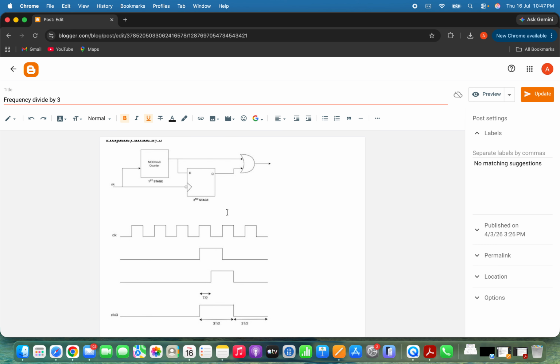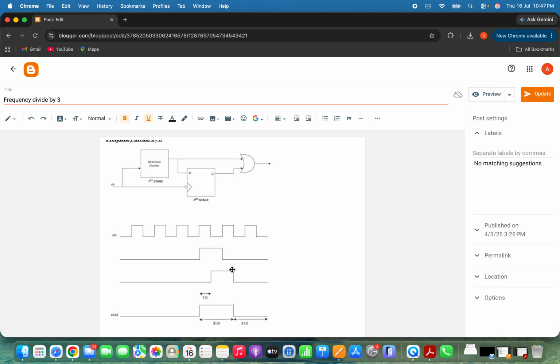Let's verify this using the timing diagram. The top waveform is the input clock. Below it is the output of the mod 3 counter. Notice that this signal does not have a 50% duty cycle. Next is the output of the negative edge trigger D flip-flop.